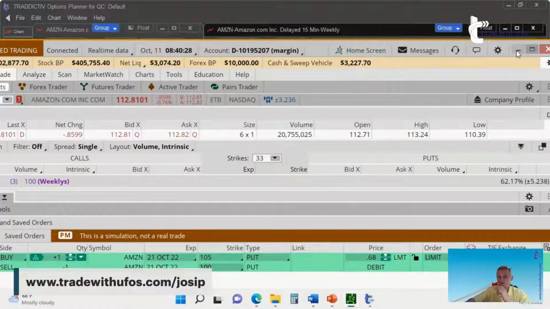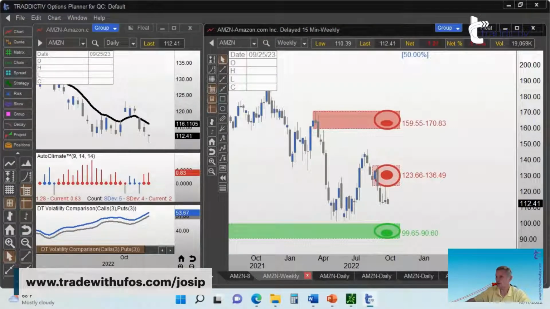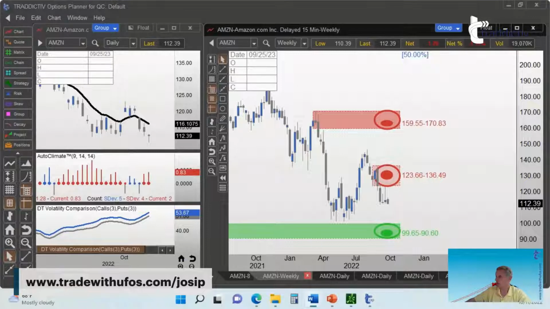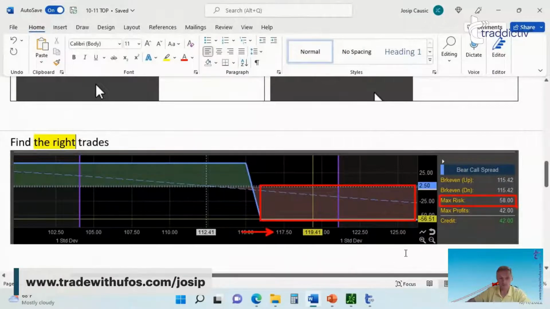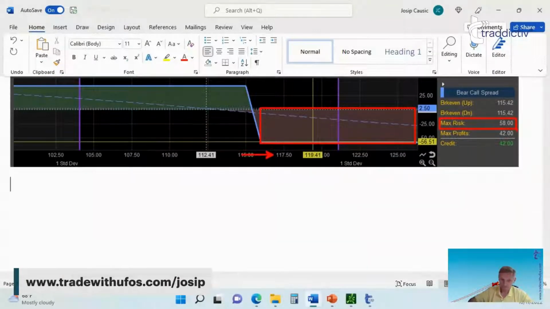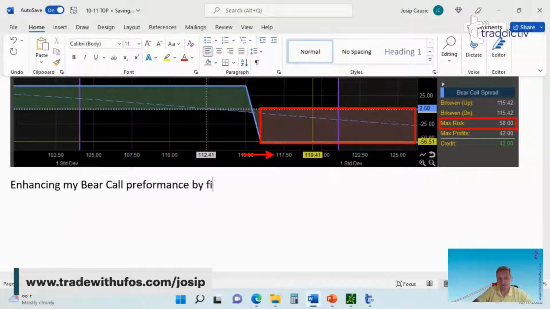Okay, knowing this information, what I can do next is entertain the possibility of enhancing my bear call performance by financing the bear out of the money put spread on the Amazon.